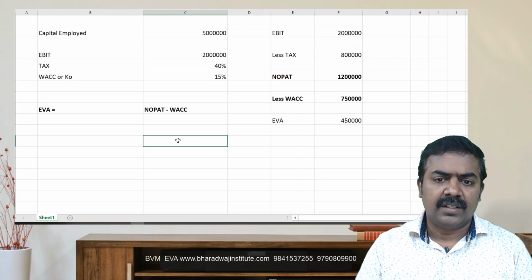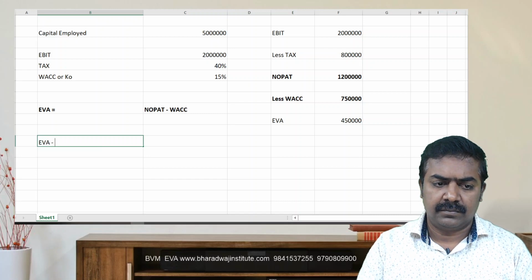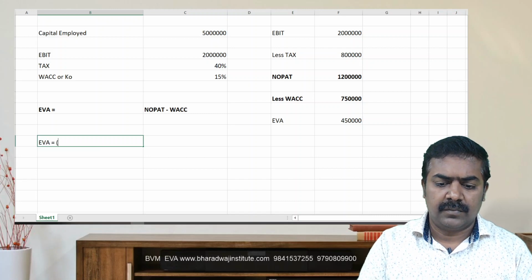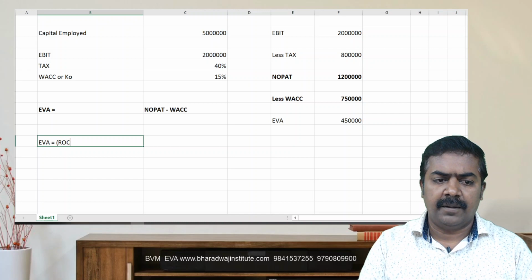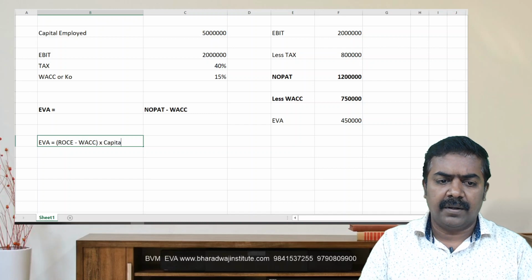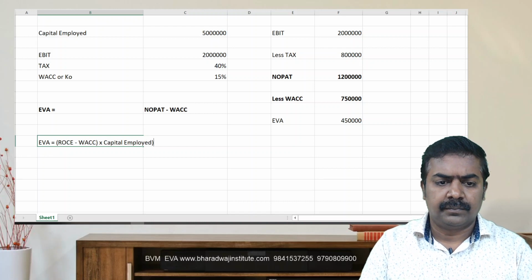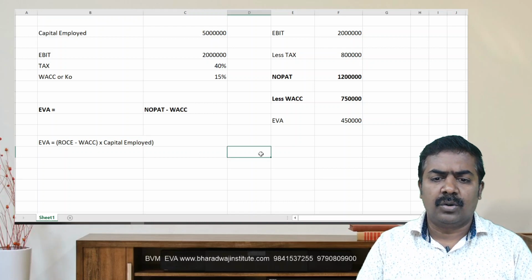Okay. What is the alternative approach? Return on capital employed minus cost of capital, otherwise called as weighted average cost of capital, into capital employed. Okay. How to work out return on capital employed?